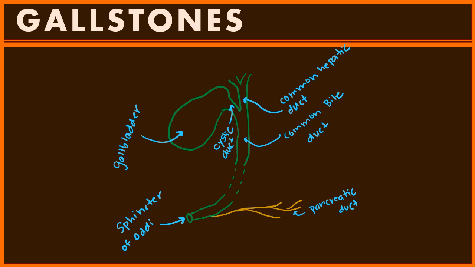Now, just to give you an idea of where the gallbladder is positioned relative to other organs, up here we have the liver. And although this is a very diagrammatic picture, what you'd actually see is that the gallbladder would be tucked under the liver, and you'd only see a small piece of the gallbladder, the belly of it here, would show.